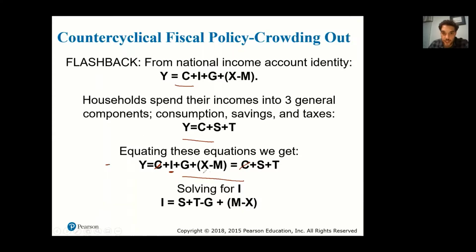We subtract G from both sides, government expenditure, which cancels this out here. We have G over here. And then we subtracted our net exports, the difference between our exports and our imports. So we essentially subtract X minus M from both sides.